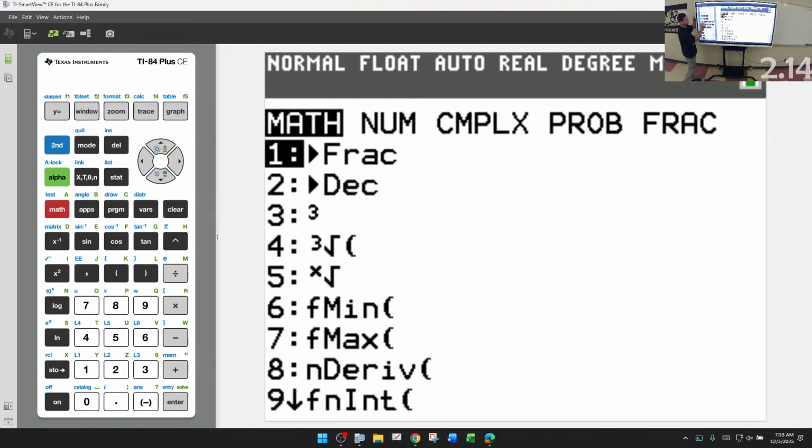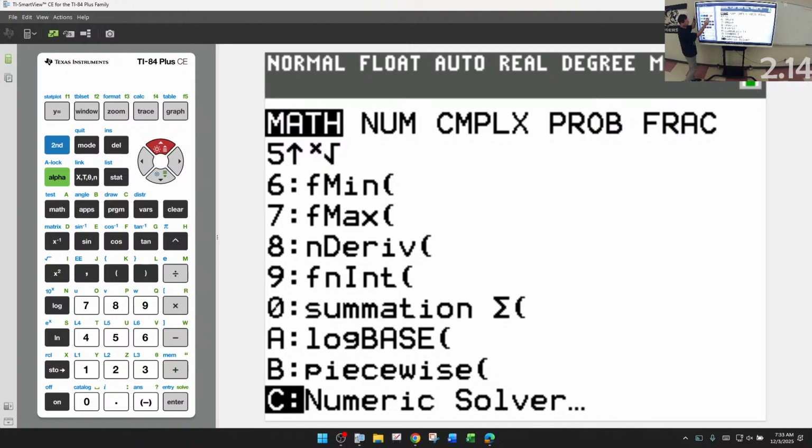Math. Is that on math or is it on number? There it is, log base.